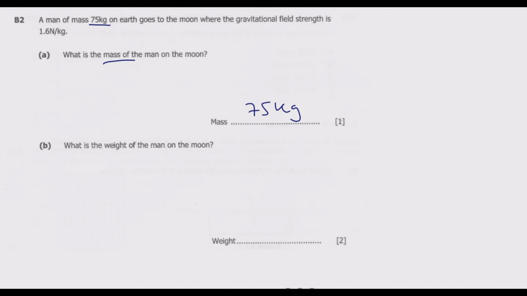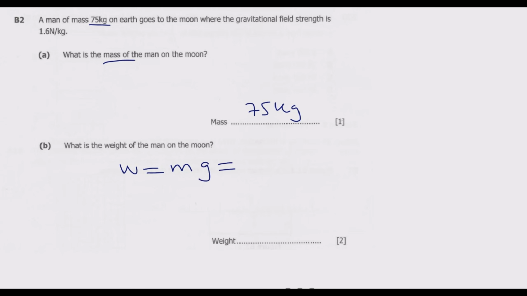Question B. What is the weight of the man on the moon? The weight is the force acting on the mass of an object, and weight is given by mass in kg times gravity. Have we been given mass?